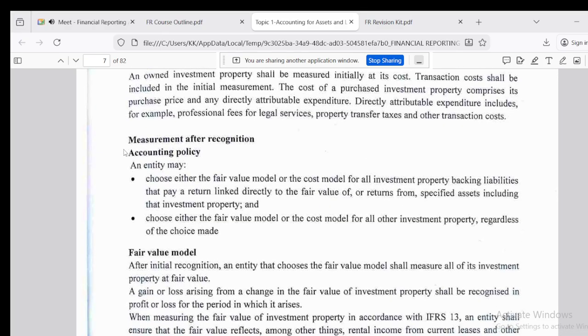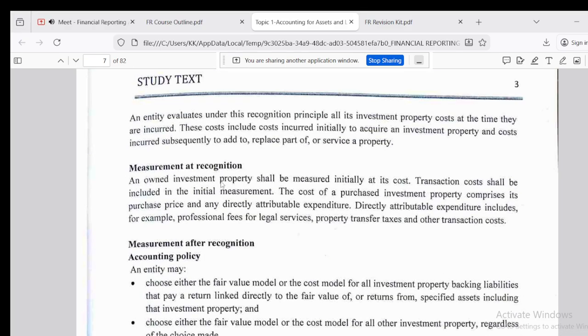So the first one was recognition, and the second one is measurement at recognition.